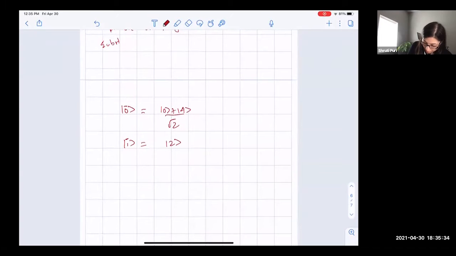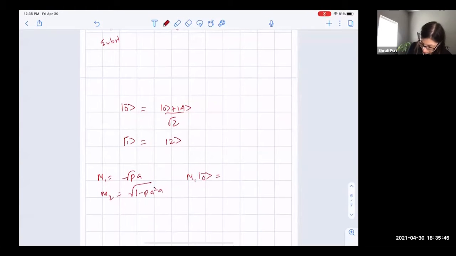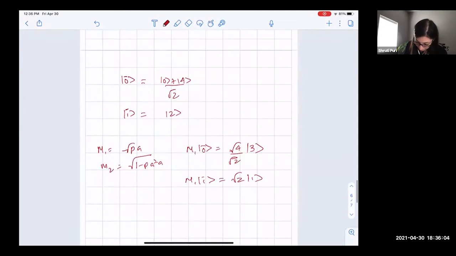M1 is square root of gamma times A, and M2 is square root of 1 minus gamma times A dagger A. If you look at M1 acting on 0 bar, this is square root of 4 over square root of 2 times |3>, and M1 acting on 1 bar is square root of 2 times |1>. Then M2 acting on 0 bar is, sorry, this should be |0> plus square root of 1 minus 4 gamma times |4>, over square root of 2.